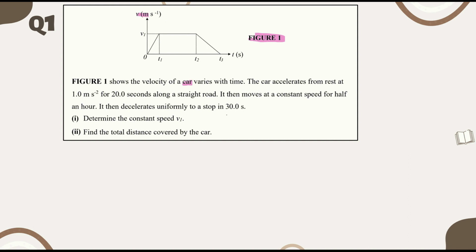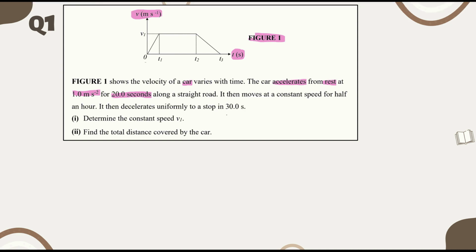We have velocity with the unit meter per second versus time with the unit of second. The car accelerates from rest at 1 meter per second squared for 20 seconds along a straight road. So basically this is the first motion of this car.